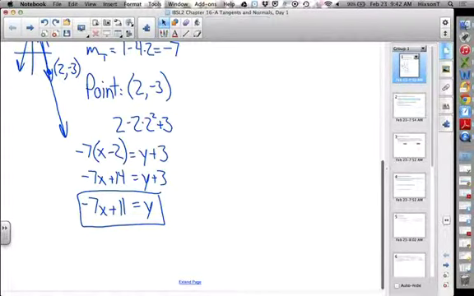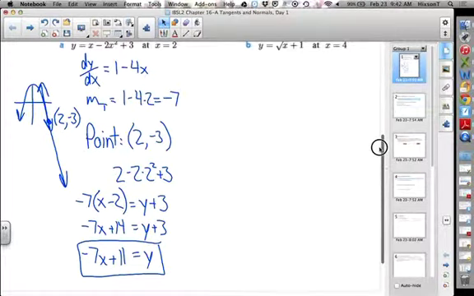And if you look at it, it makes sense. It's going down pretty sharply, and it's going to hit somewhere way up here. So that is at least a reasonable answer. Does that make sense? Alright, good.